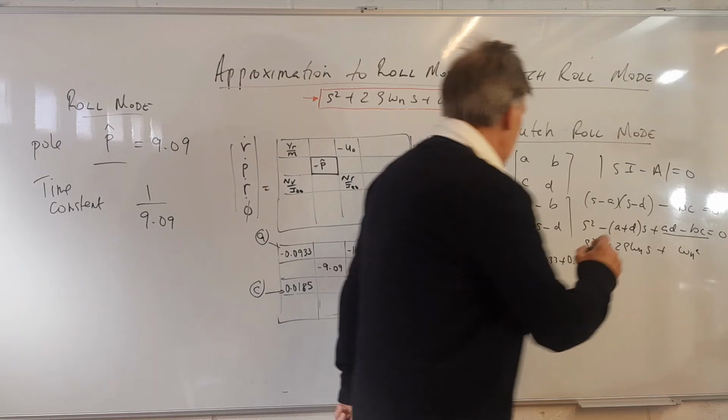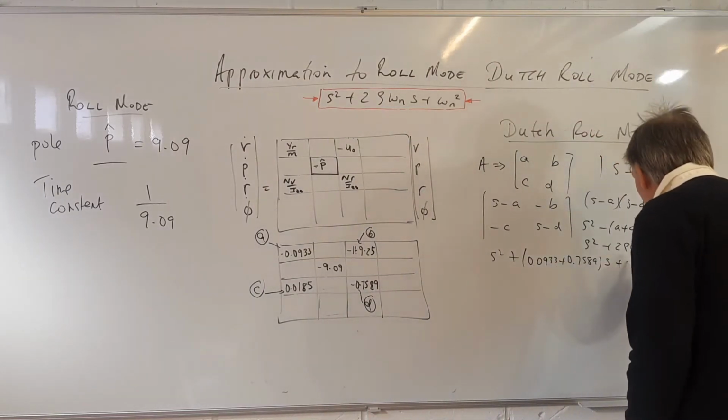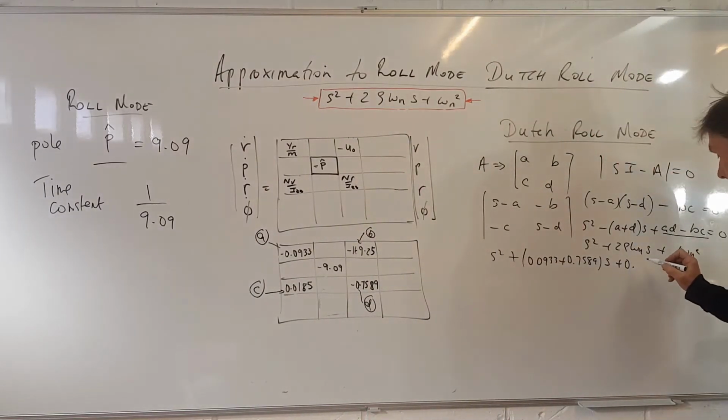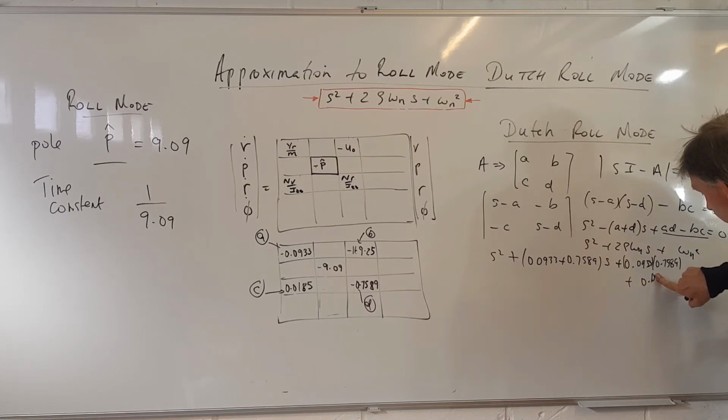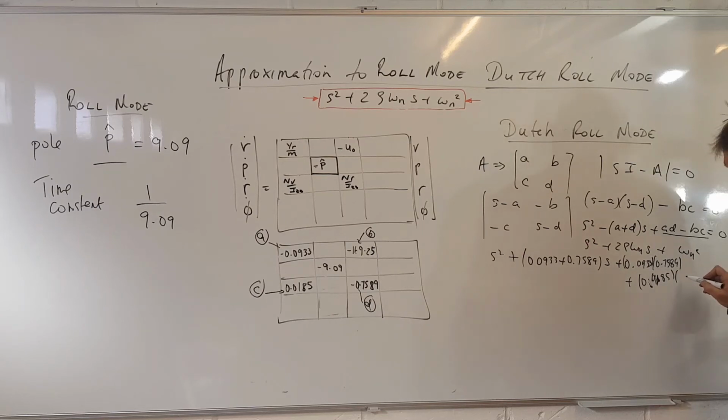So it's going to be plus 0.0933 times 0.7589 plus 0.0185 multiplied by 169.25.